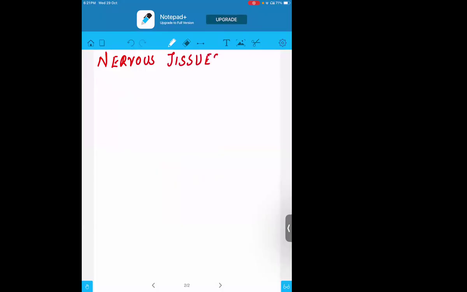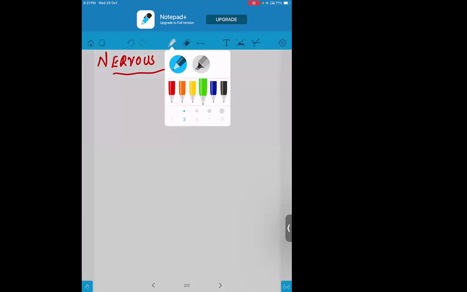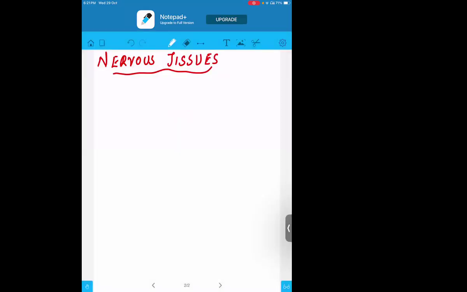Nervous tissues. When we talk about tissues, we already know that more than one cell is involved, and different cells do the functions. In the nervous tissue, they are not single cells. They are specialized, special kinds of tissues.